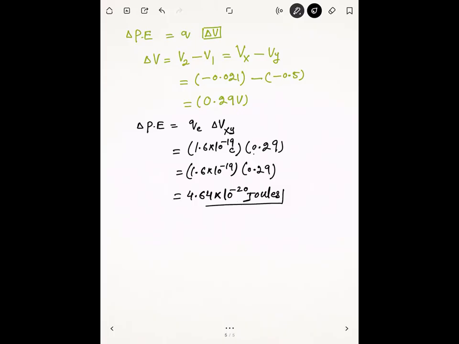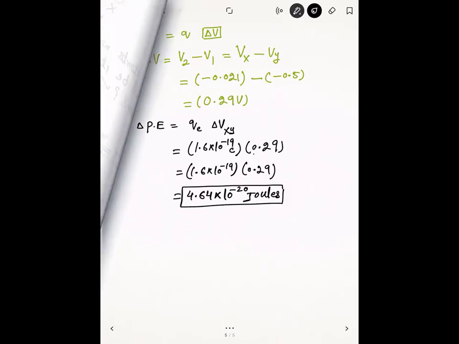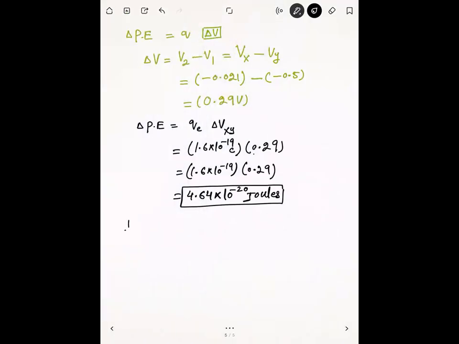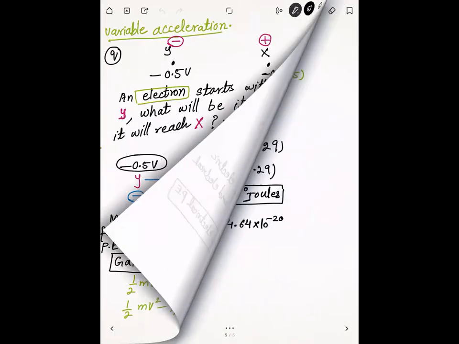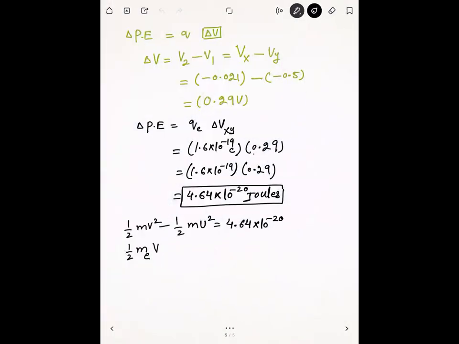Now we will substitute this value in the previous formula of delta PE, that is 1/2 mv² minus 1/2 mu² is equal to 4.64 into 10 power minus 20. u is 0, so it will become 1/2 into mass of electron, which is the moving particle, into v², and starting speed was 0.